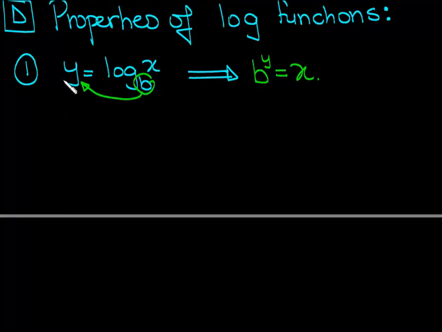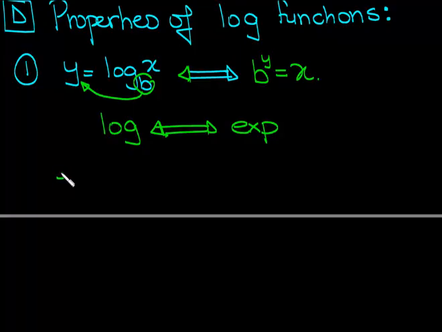So if you have y is equal to log of x base b, then x becomes b raised to y. If you have this, you can write it this way. On the other hand, if you have this, you can write it this way. So basically what this lets you do is go from log to an exponent form, and this lets you go from exponent to a log form. Do you guys see that? It lets you go between two forms.